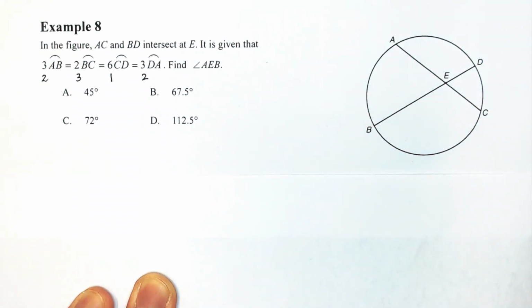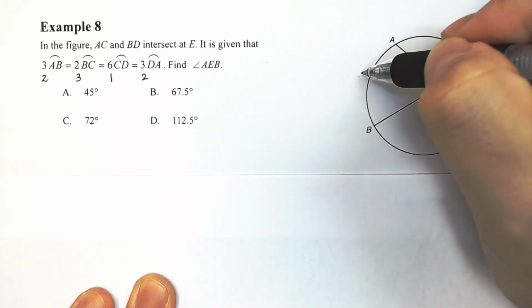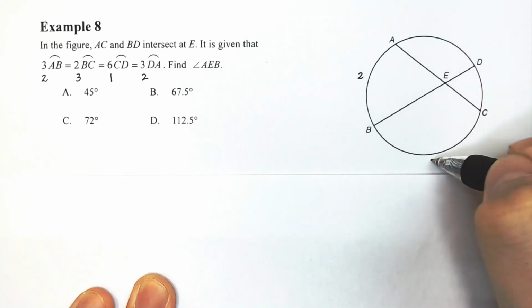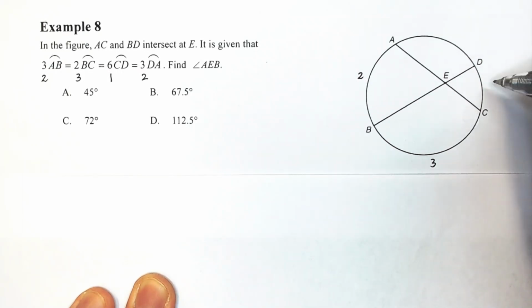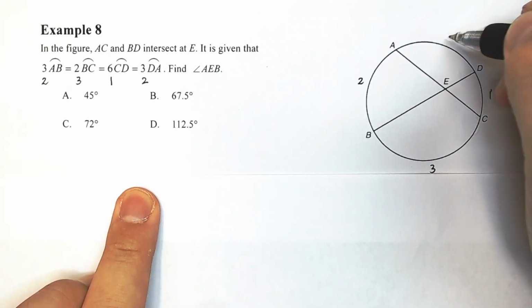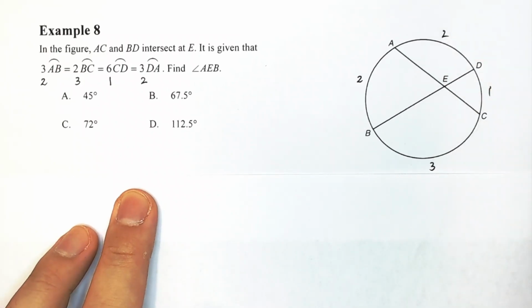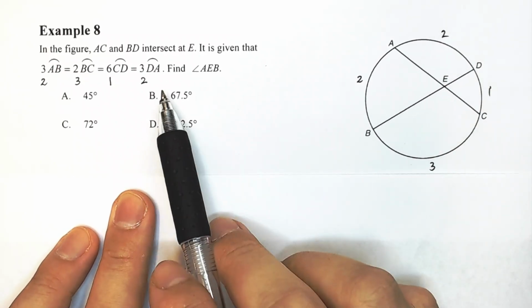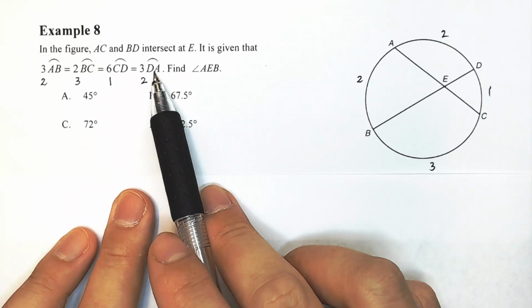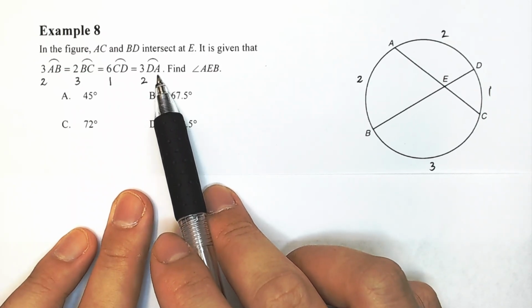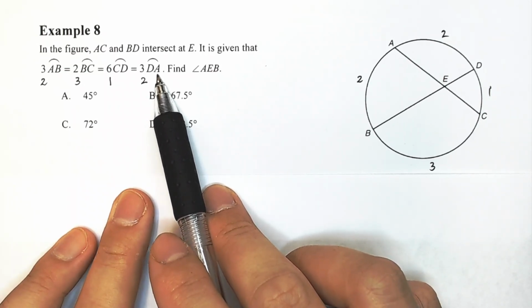And these numbers 2, 3, 1, and 2 give us the ratio of the arc lengths AB, BC, CD, and DA: AB is 2, BC is 3, CD is 1, and AD is 2. If it's not specified, all arc lengths here refer to the minor arc.